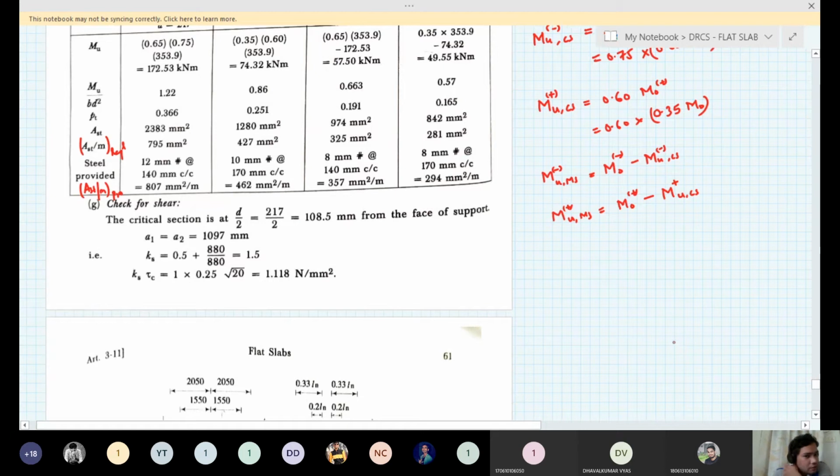And then we check for the shear. The critical section for the shear is d by 2, so 217 by 2 from the face of the support.